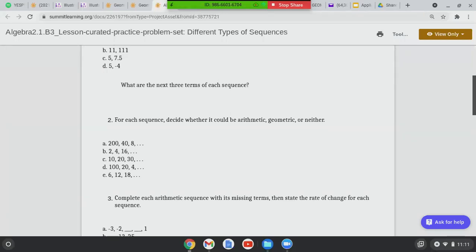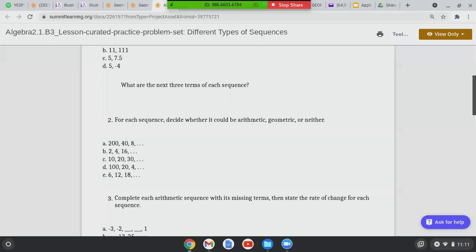But remember, the rule has to fit from first term to second term to third. All right, 4 times 4 is 16. But check this out. 2 times 4 is not 4. Remember, whatever that action is that you are doing, it has to carry throughout.